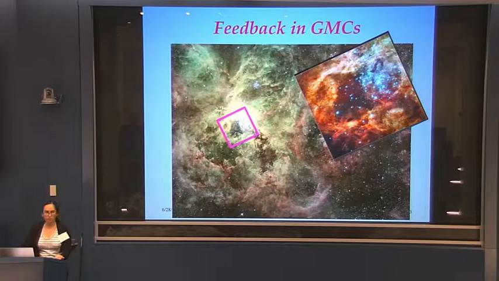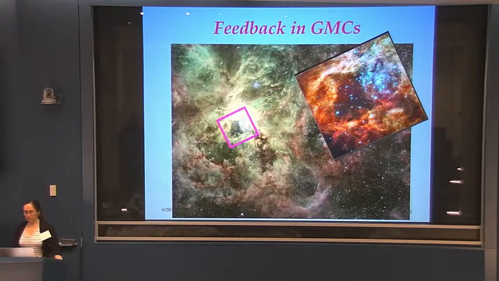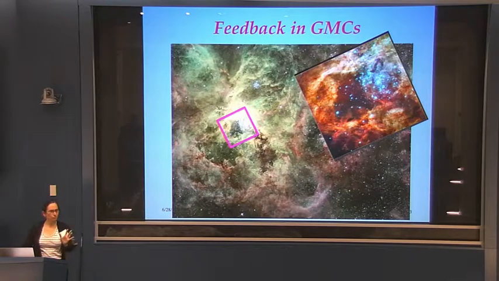This is the 30 Doradus region, which is not in our own galaxy, but in the LMC. This is one of the most vigorous star-forming regions in our local part of the universe. This is R136, where it's only a few million years old, but there are about 1 million or several million, I think, young stars there. So this is very vigorous star formation, even in our own part of the universe.